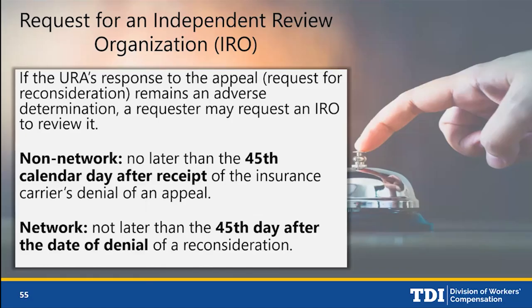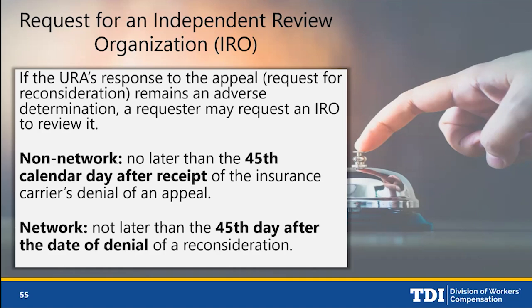If the utilization review agent issues another adverse determination, that would be them saying the request is not medically necessary 2 times, then you can ask for an independent review organization. IROs are different from the URA. They don't work for the carrier like the utilization review agent does.